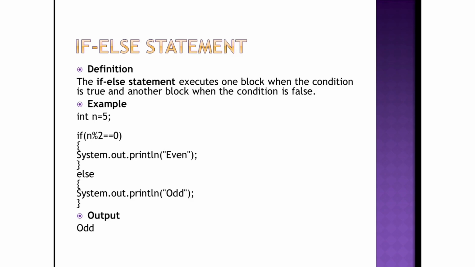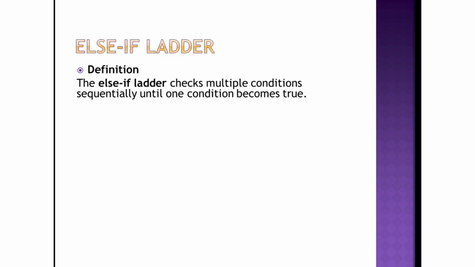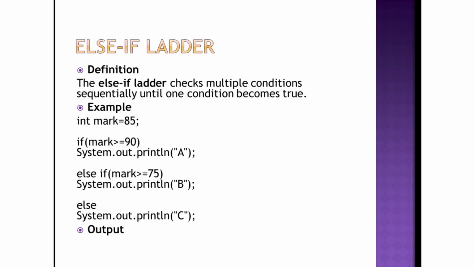Now let's learn about the else if ladder. We use an else if ladder when we have more than two choices. For example, imagine your semester exam result. If your score is 90 or above, you will get an A grade. If your score is between 70 and 89, you will get a B grade. Otherwise, you get a C. Look at this sample program. Here the variable mark is assigned the value 85.